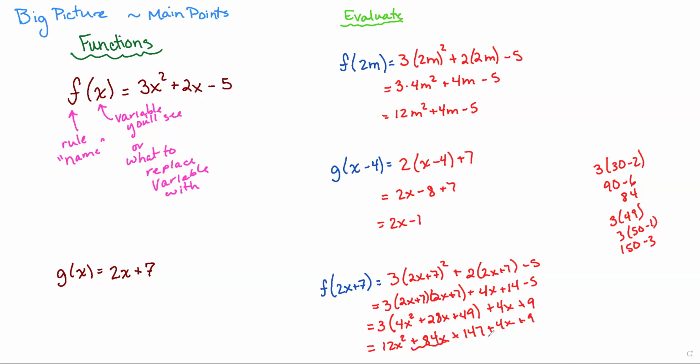So we have the x terms together, and then we have the plain old numbers. So you end up with 12x squared plus 88x plus 156.